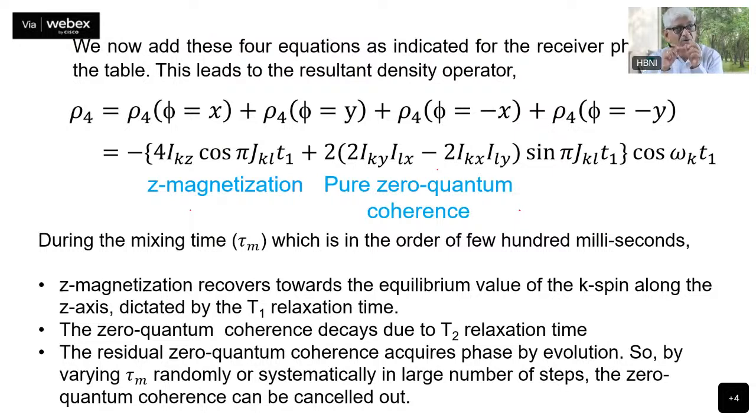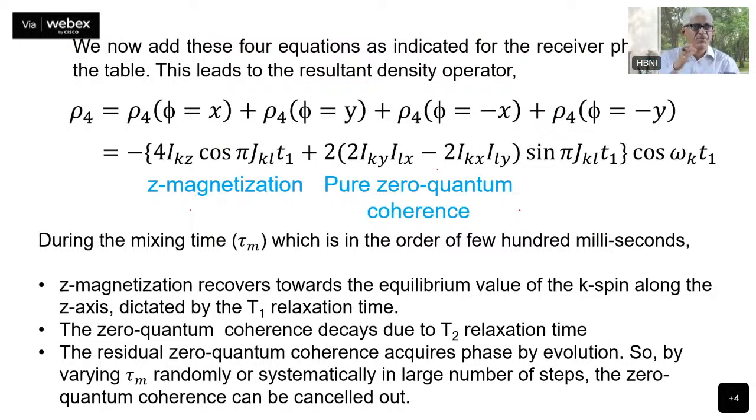If I want to cancel this, I have to do multiple experiments by varying tau m. If I change tau m, collecting several times with different values of tau m, then the zero quantum coherences will cancel out because of different phases, the randomization of the phases of the zero quantum coherences. That is the trick we use to eliminate zero quantum.